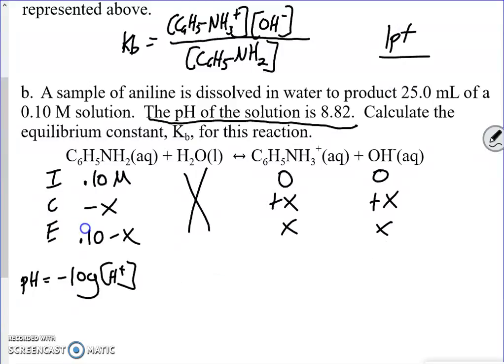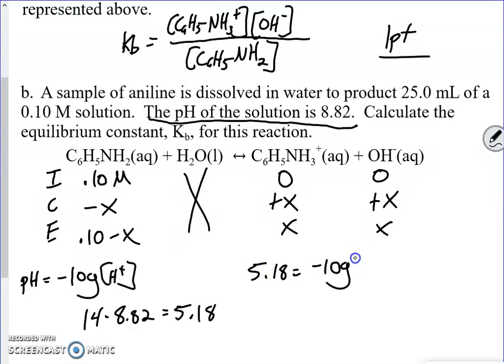Okay, well, pH we know is 8.82. So 14 minus 8.82 is going to give us a pOH of 5.18. From there, we plug that into our pOH calculation. So pOH equals negative log of hydroxide. So 5.18 equals the negative log of the hydroxide ion concentration. Well, we bring the negative over first.